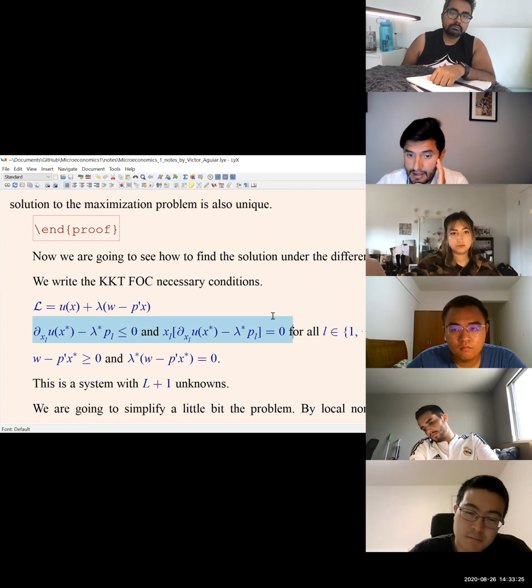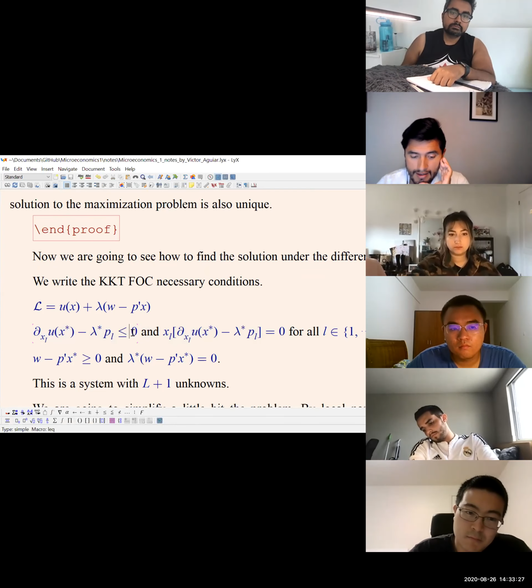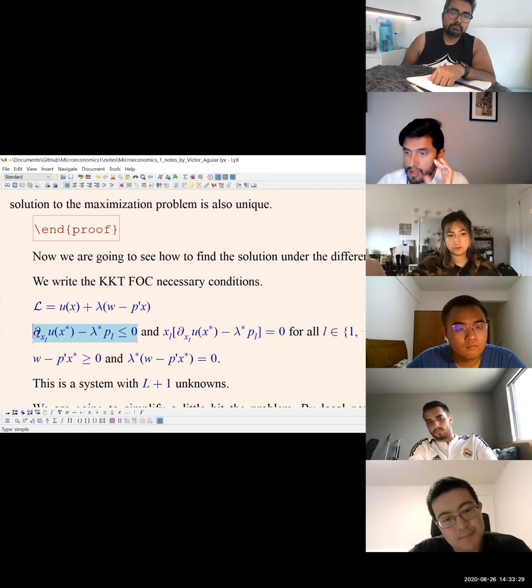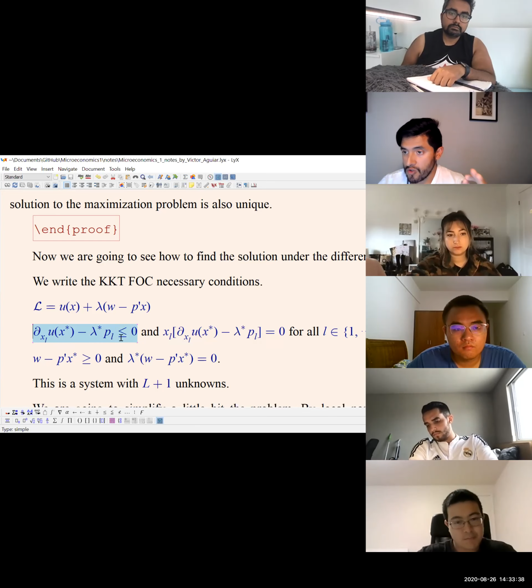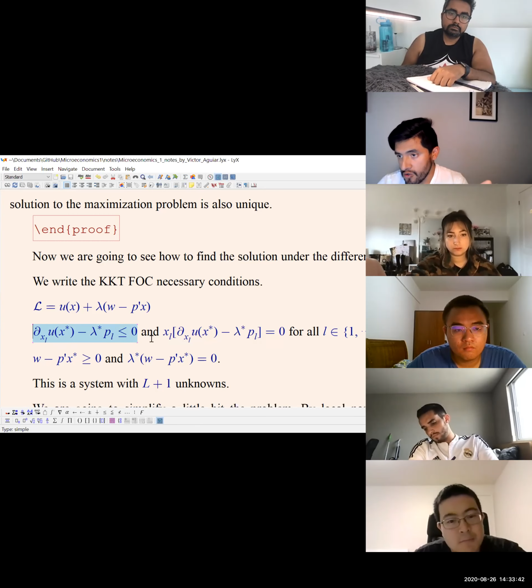So in that case, instead of having equality of the first order conditions of the Lagrangian, you have inequalities, okay? So it turns out that it holds with equality whenever you have an interior solution, okay? And then if you don't have an interior solution, it can happen with a strict inequality or with equality, okay?